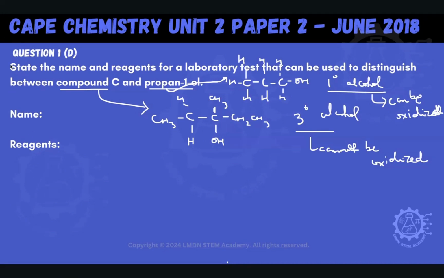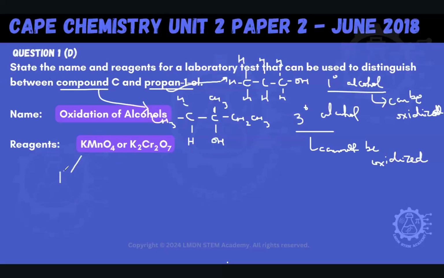So what we're going to do in the way of a test is an oxidation of alcohols test, and we can use KMnO4 or K2Cr2O7. So that's potassium permanganate or potassium dichromate. And so if I add potassium permanganate to my primary alcohol, then I will see a color change from purple to colorless, right?